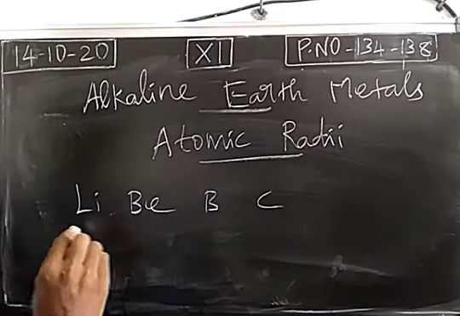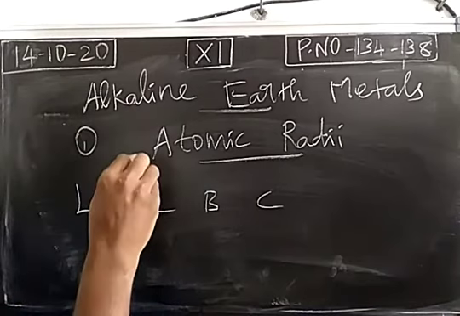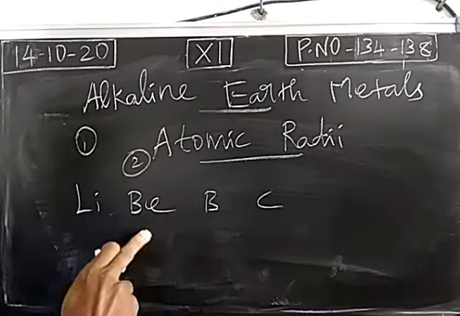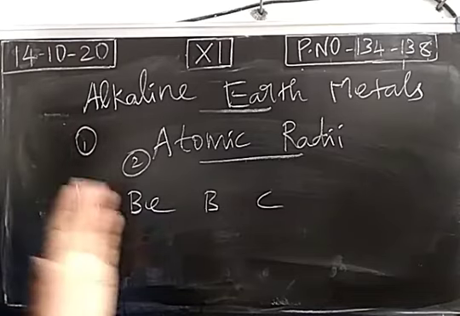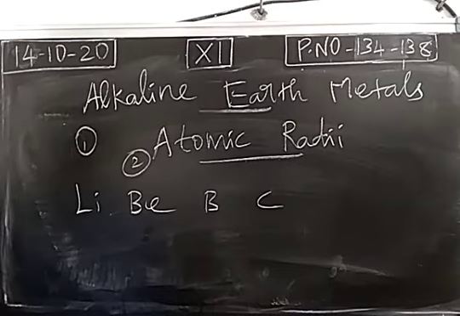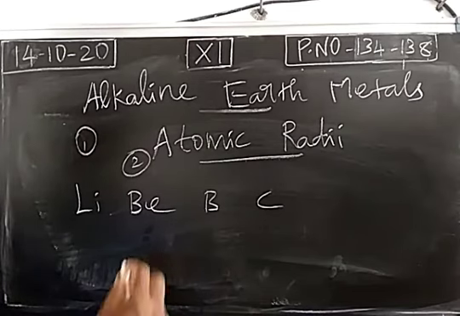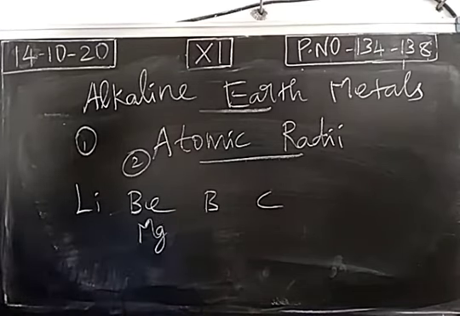So comparing the alkali metal group 1 elements, group 2 will have lesser atomic size. Left to right, atomic size decreases because electrons are added in the same shell, so attraction between the proton and electron will be more. As we discussed in the periodic classification lesson, comparing alkali metals, alkaline earth metals will have lesser atomic radius as well as ionic radius. But top to bottom, as usual, ionic radius will increase.